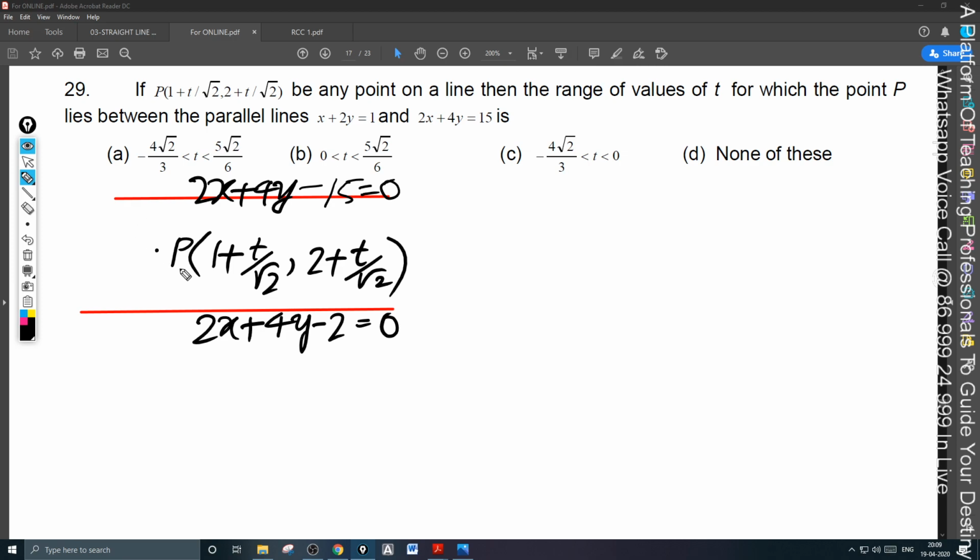You understand that, no? If not, just replay the video and see, you will understand it. So, for what values of t does this point P always lie in between these two lines? That's what the question is. See carefully.